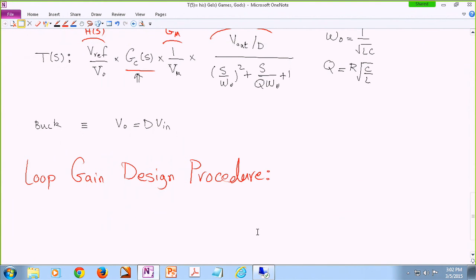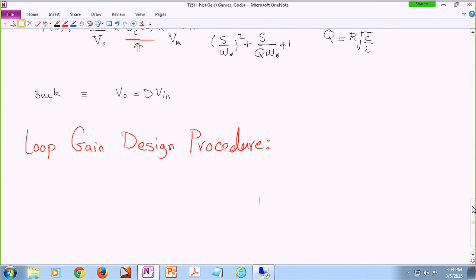All right, but we can only design G sub C. The rest of them are pretty much constant or given. So the best, or arguably the best, compensation network would look like this. We have a gain that we can adjust, go up and down. We have a division by s, which is the integration block to eliminate the steady state error.